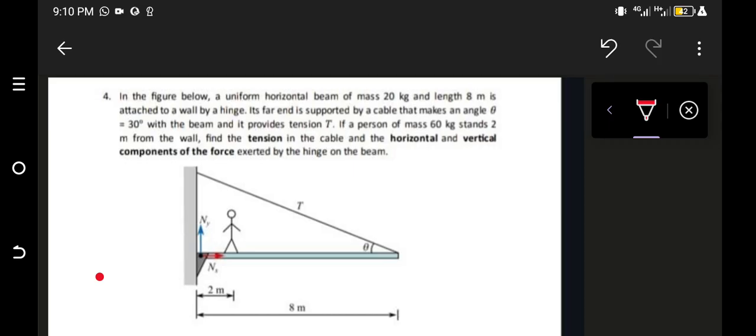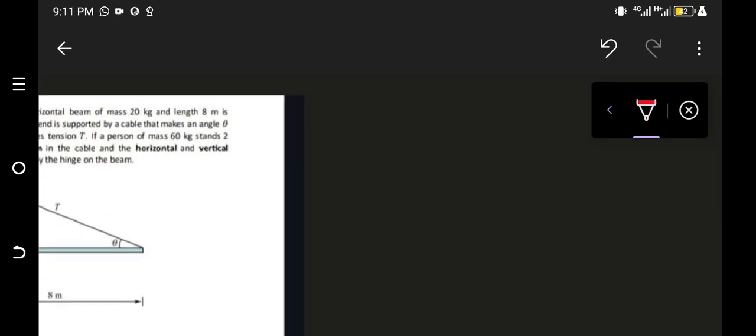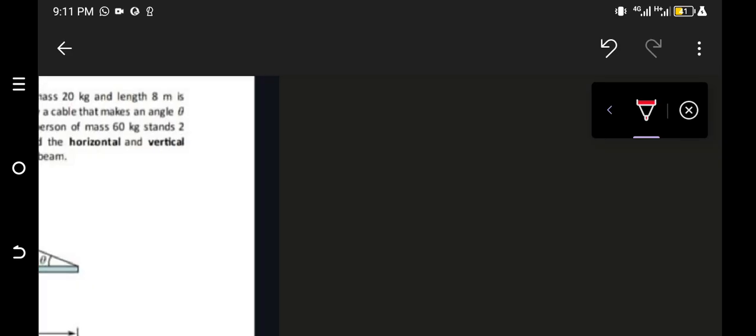Okay, so before starting to solve any question, you have to know the rules. So, what conditions must an object have to be in static equilibrium? Things to know.